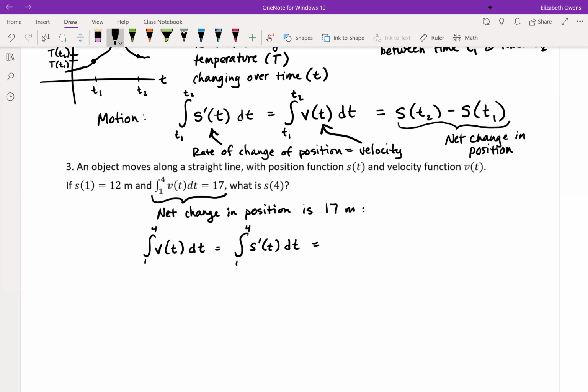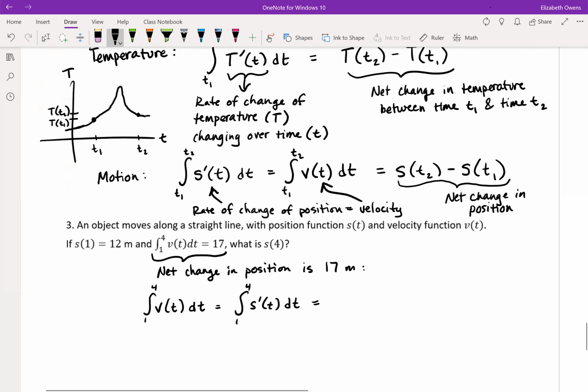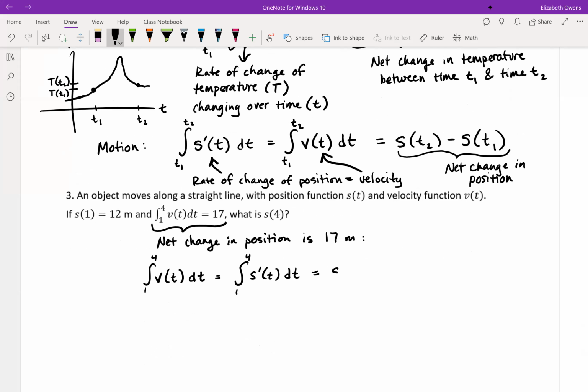And so according to our net change theorem here, this would be s of t2, which is 4, minus s of t1, which is 1. All right. And we are looking for s of 4, so we'll leave that right here. But we're given the fact that s of 1 equals 12 meters, so let's plug that value in.